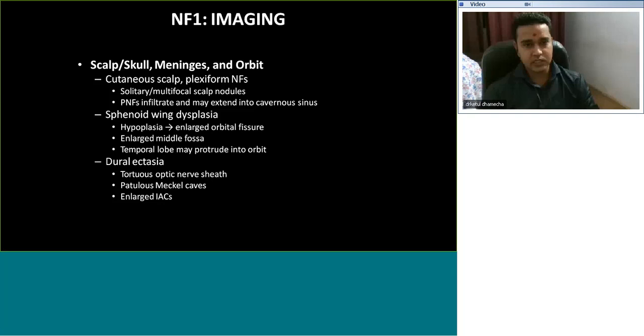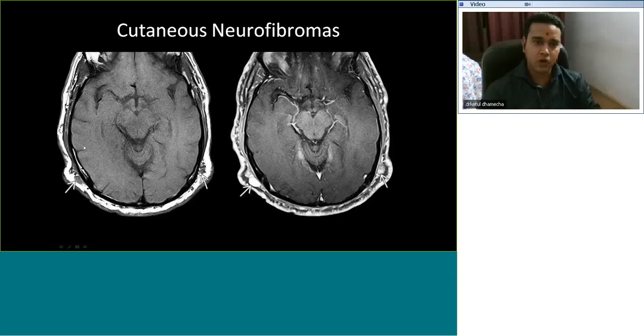Here you can see the plain T1 weighted images of the brain. In the image you can find very small hypointense nodules in the scalp. On the post-contrast study, the nodules show intense enhancement. It is not only one, there are multiple smaller nodules. It's classical cutaneous neurofibromatosis.